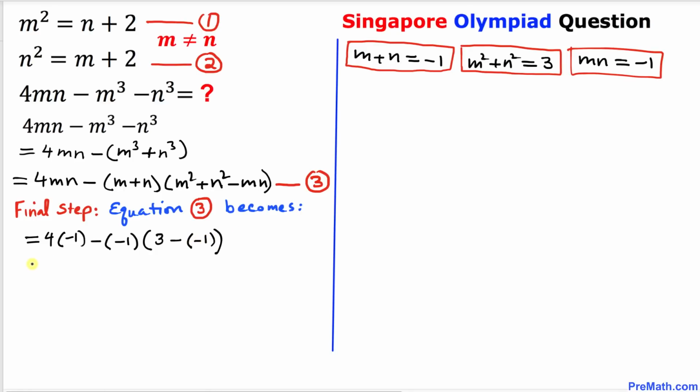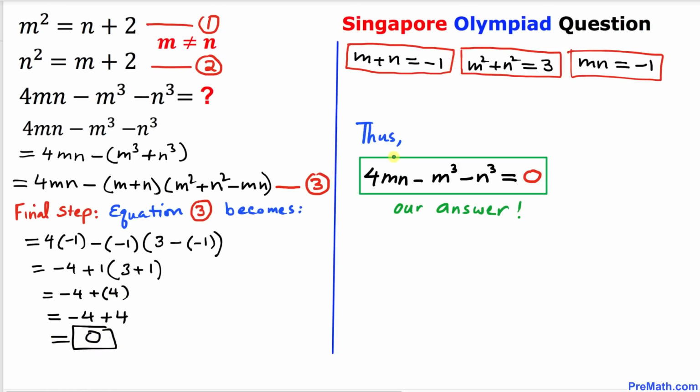Now let's simplify this. The negative and negative become +1, and here the negative and negative become +1 as well. So we got −4 + 1 times 4, and this is equal to 0. So thus we conclude that the value of 4mn − m³ − n³ turns out to be 0, and that's our final answer.